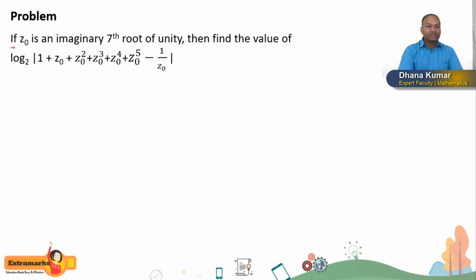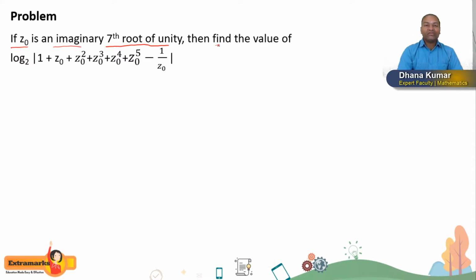If Z0 is an imaginary seventh root of unity. It is the same as nth roots of unity, but here n is equal to 7.